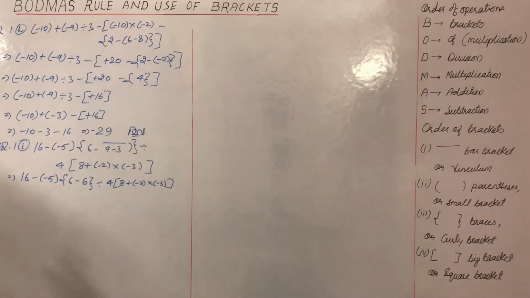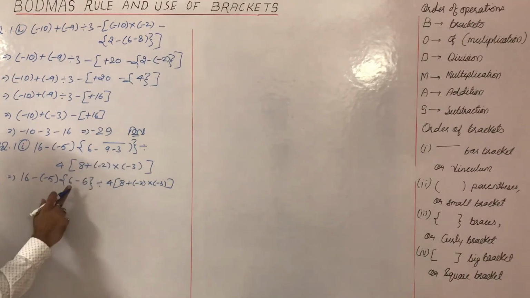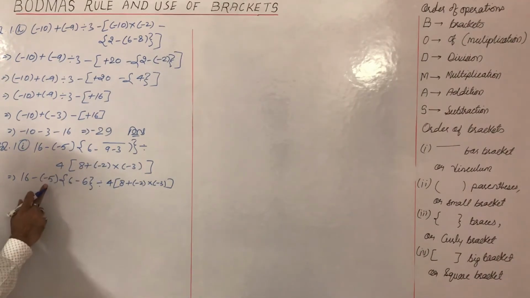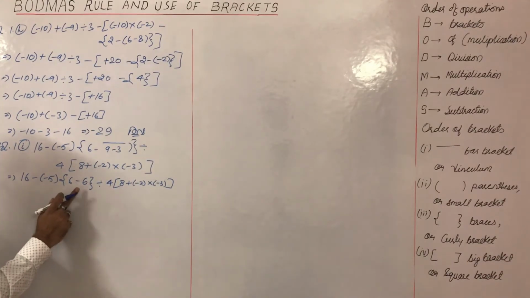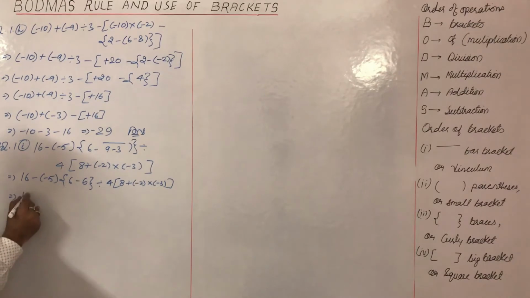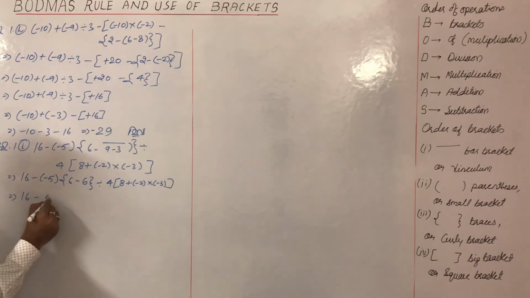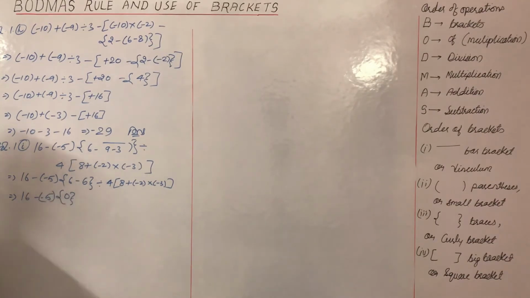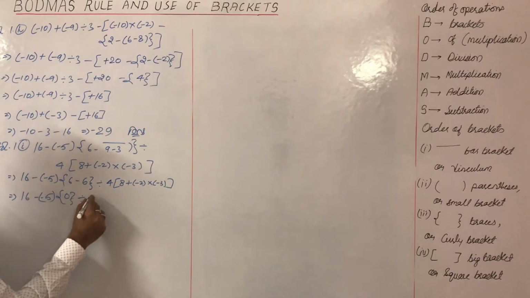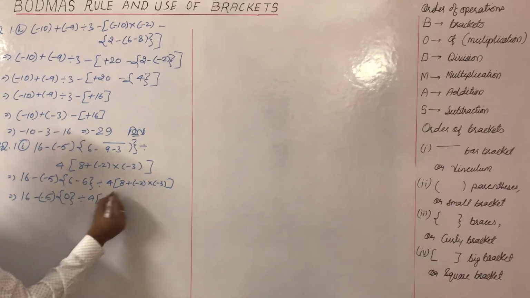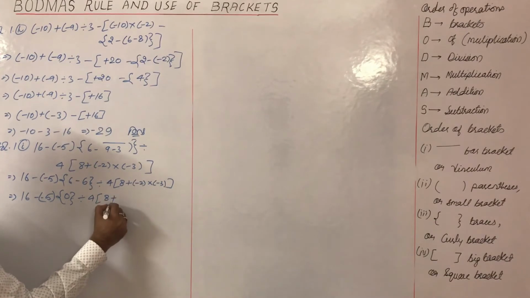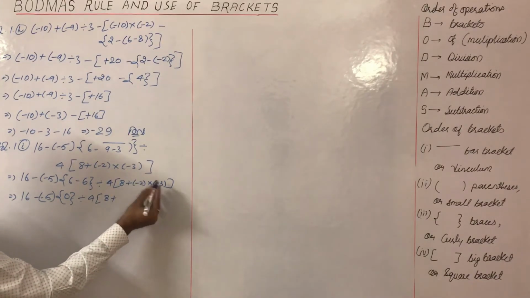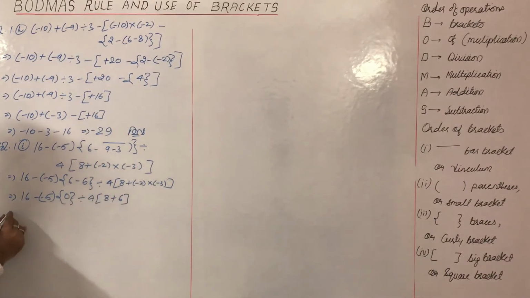Now 6 minus 6 becomes 0, or we can write 0 into minus 5. It's also 0. So the next step, 16 minus 5. So we'll solve according to the sequence, divided by 4, and inside the bracket 8 plus 2 into 3, 6 minus plus, so 8 plus 6.